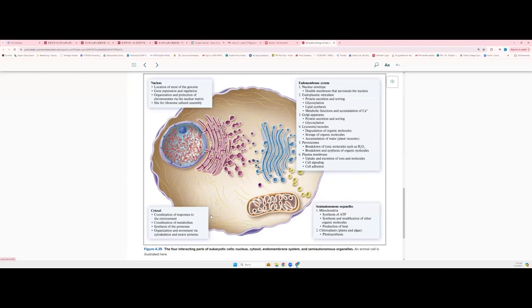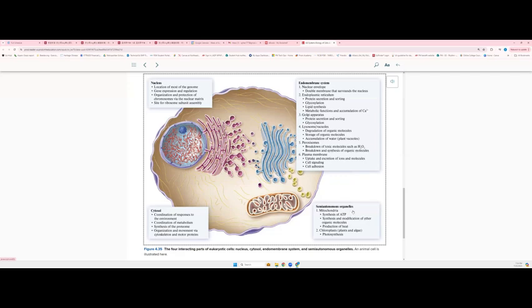So basically the cytosol is the location where the breakdown and degradation of proteins happens. And in the cytosol there is always some cytoskeleton and motor proteins, right? So that's where the organization and movement of other organelles and the cytoskeleton happen.